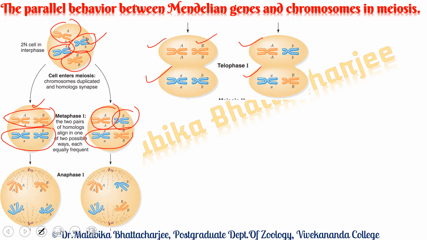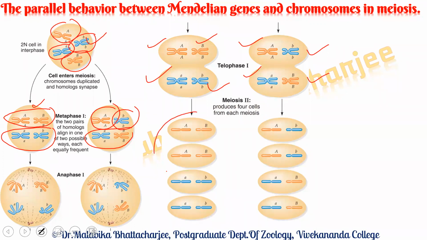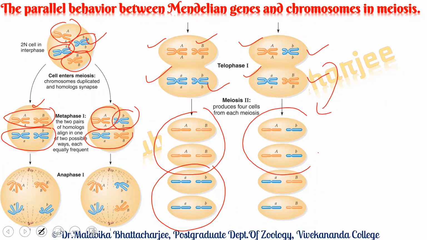In one, one gamete has both the capital A and capital B wild type alleles, and the other has both recessive alleles. In the other condition, there is the capital A small b allele and the small a capital B allele. Now, meiosis 2 follows, and on having meiosis 2, we have 2 gametes having capital A, capital B, 2 gametes having small a, small b, and in the other combination, 2 gametes having capital A, small b, and 2 gametes having small a, capital B.